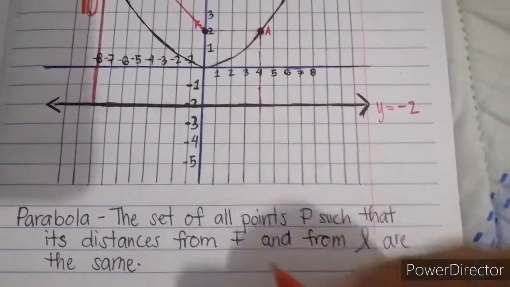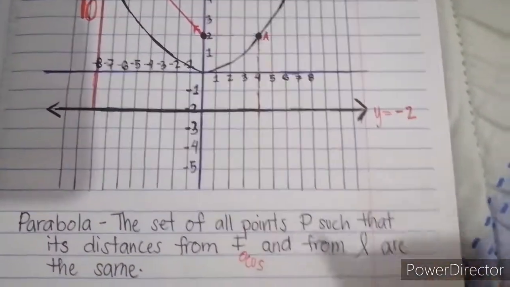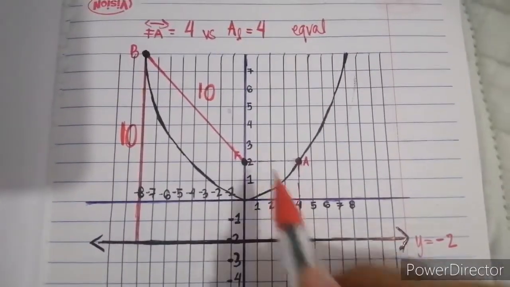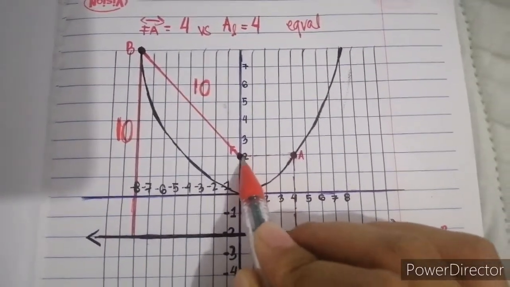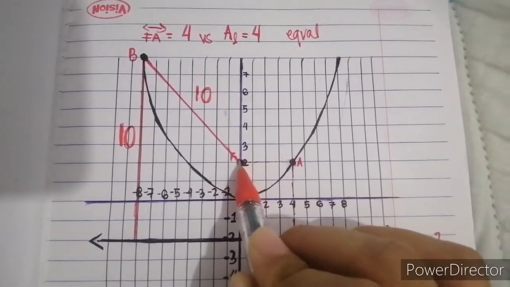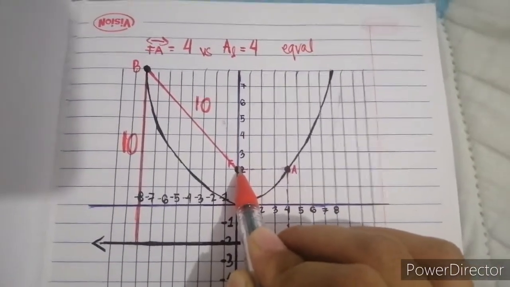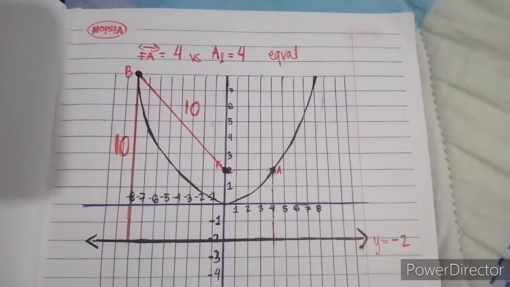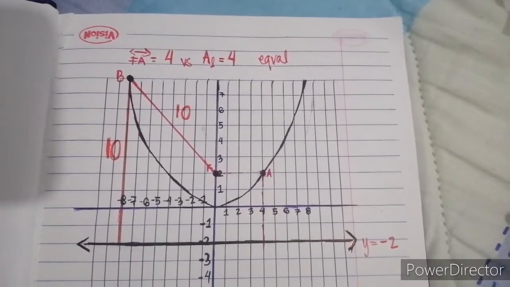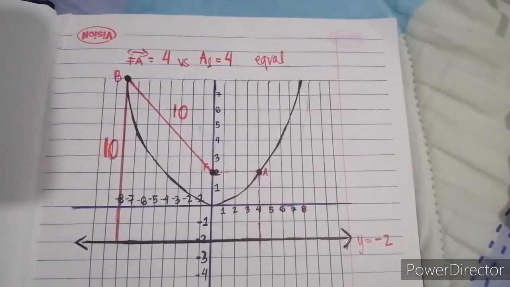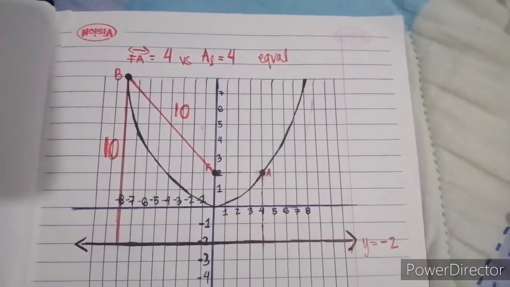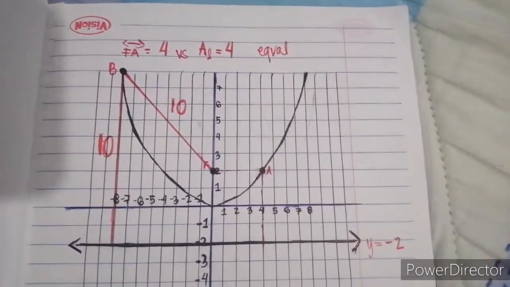F here is what we call the focus, which, as you can see in the figure, is located inside our parabola. Focus is usually c units above or below our vertex. It is the same with our directrix, our line.